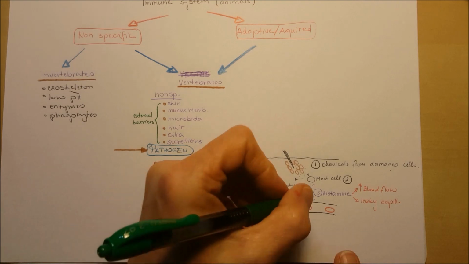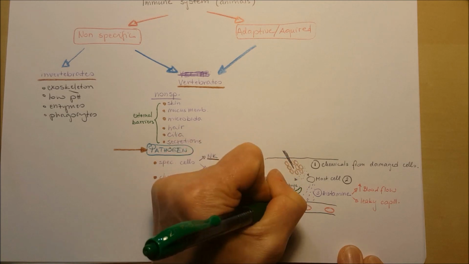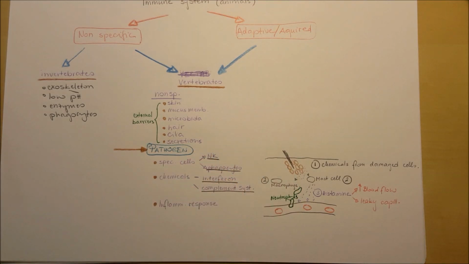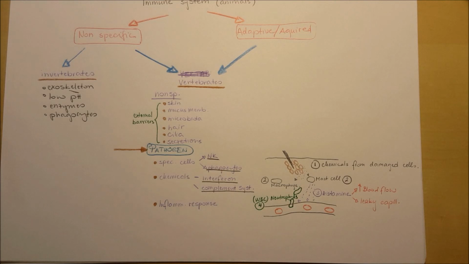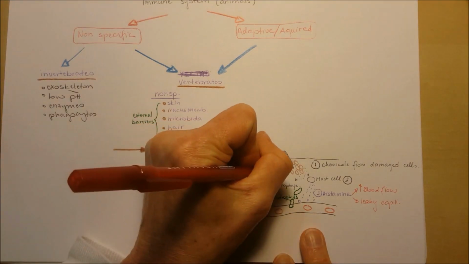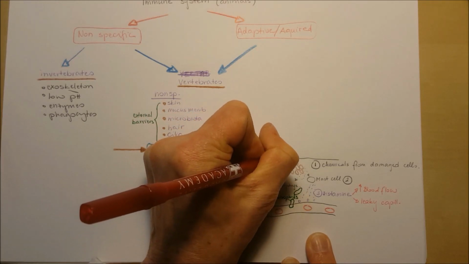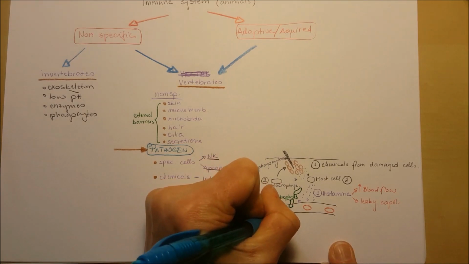The important part of the leaky capillaries is that the white blood cells, the neutrophils, these are the green ones, can go through the capillaries and get to the action site to do their phagocytosis, eating the damaged cells or the pathogens. Also, the macrophage is doing the same stuff, eating the damaged cells as well as the pathogens.